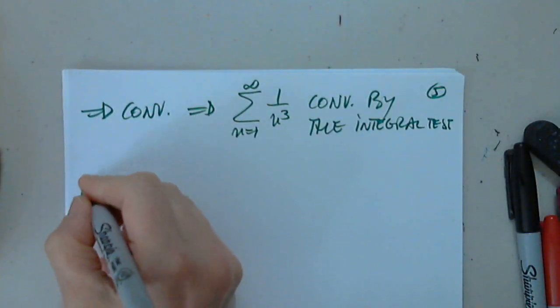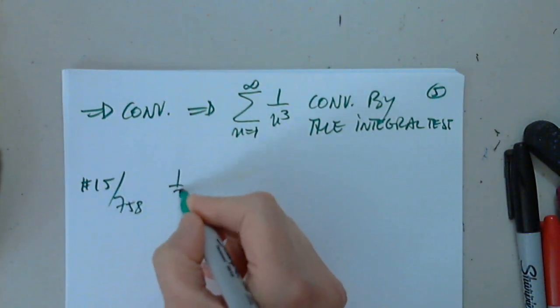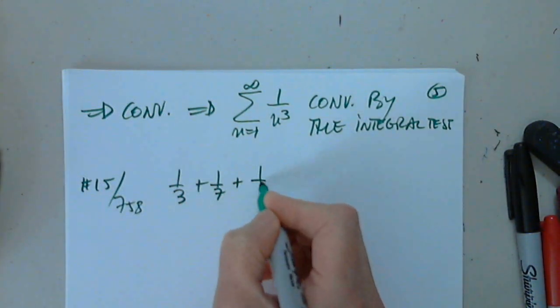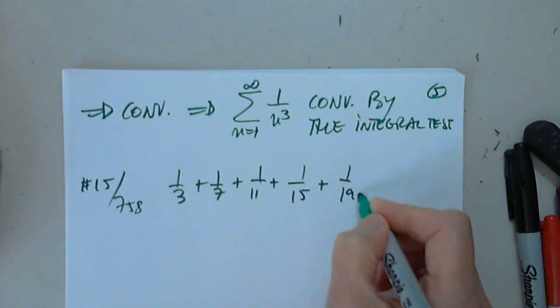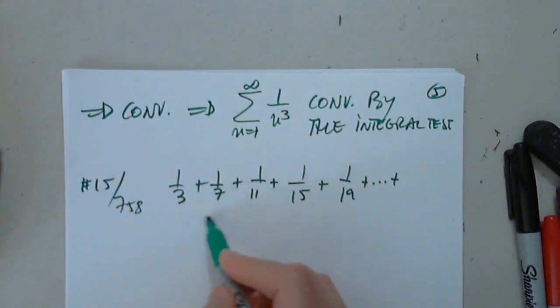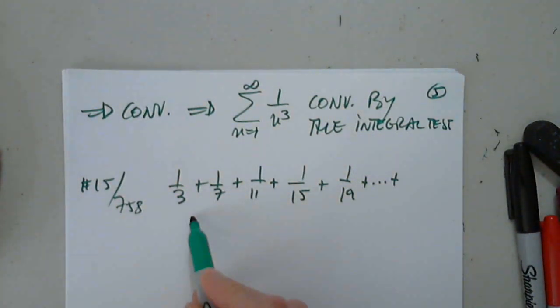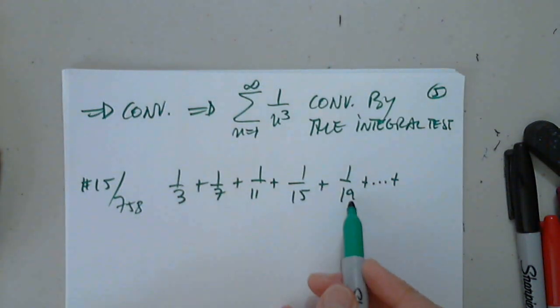So let's look at 15 on 758. 1/3 plus 1/7 plus 1/11 plus 1/15 plus 1/19 plus dot dot dot. So I see that 3 plus 4, so we're adding 4, 7 plus 4, 11 plus 4, 15 plus 4.